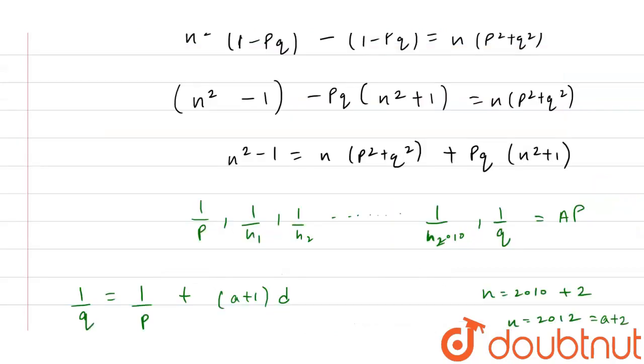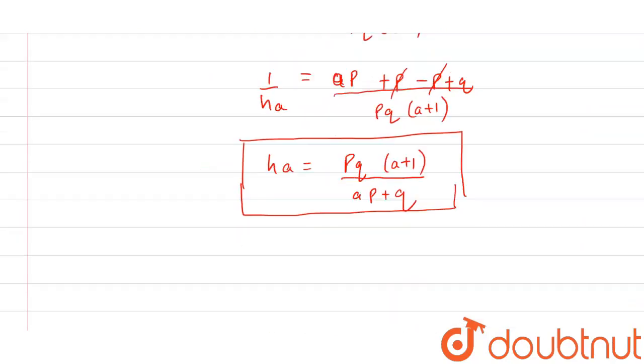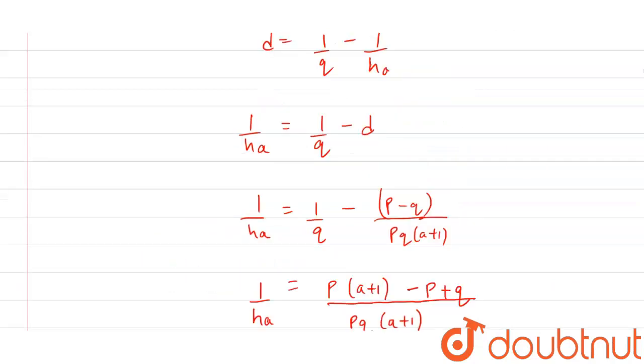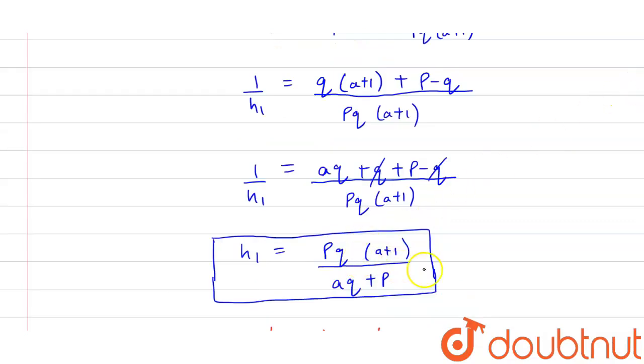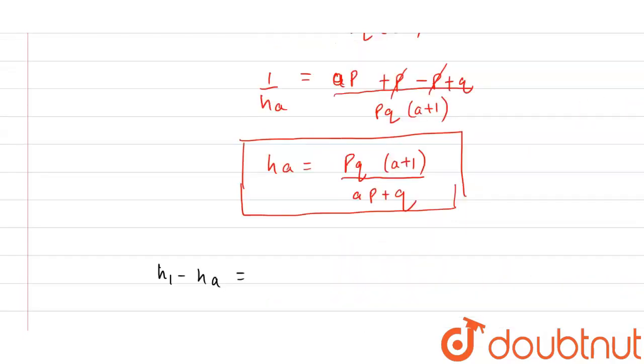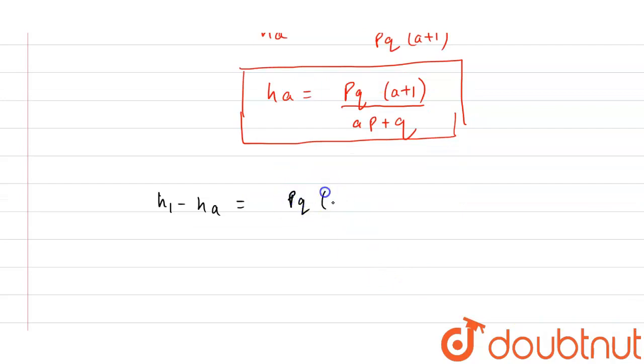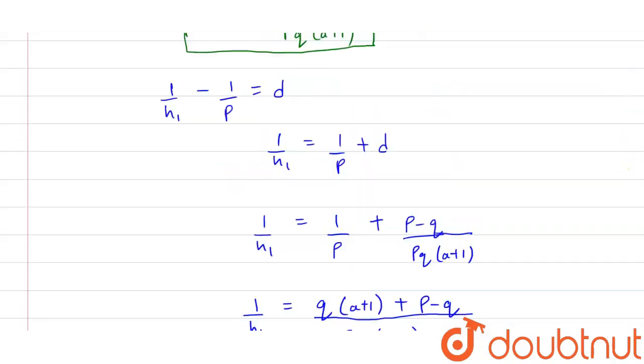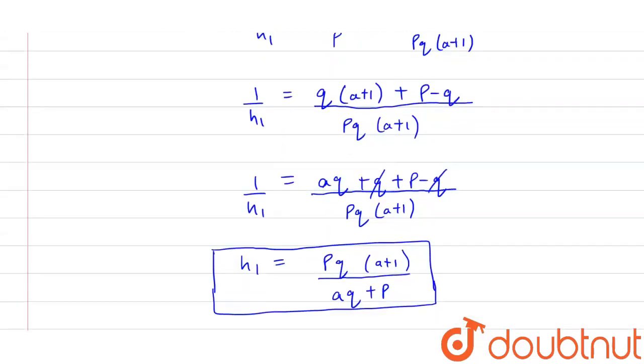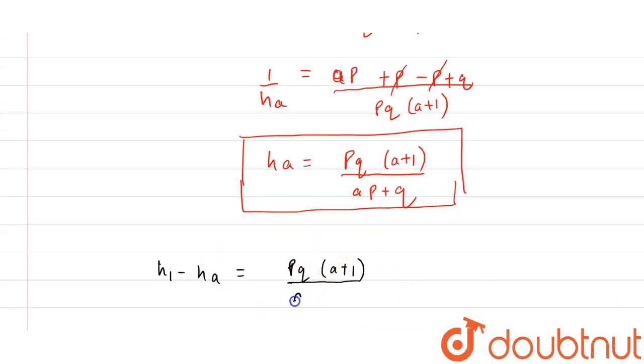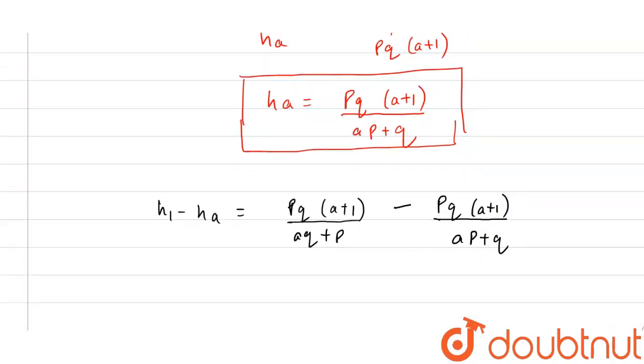So h1 minus ha is equal to, the value of h1 being pq multiplied by (a plus 1) divided by (aq plus p), and the negative of pq multiplied by (a plus 1) divided by (ap plus q).